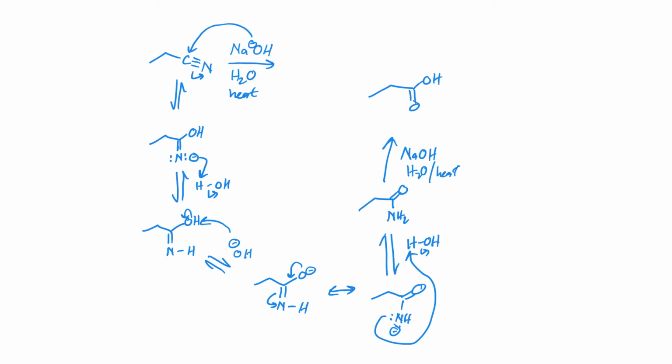Lastly, other reactions of nitriles, not just turning them back into amides and carboxylic acids, but could we actually make new functional groups from them? We have two interesting reactions to share with you here.